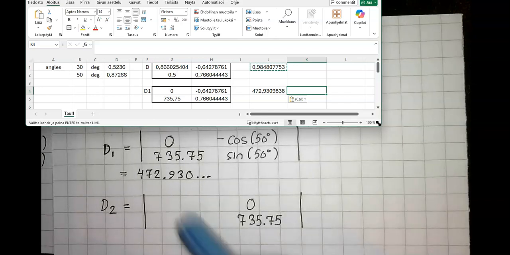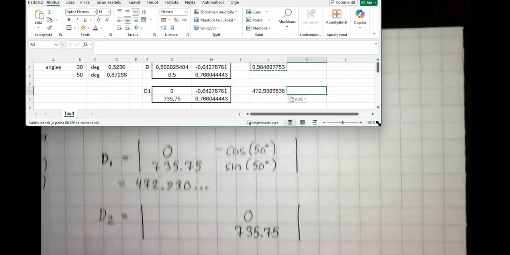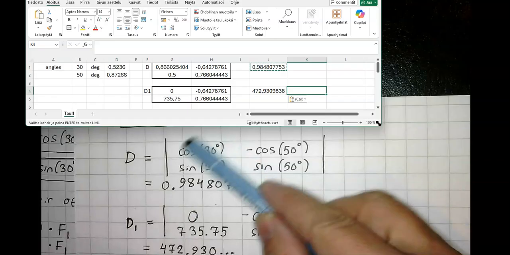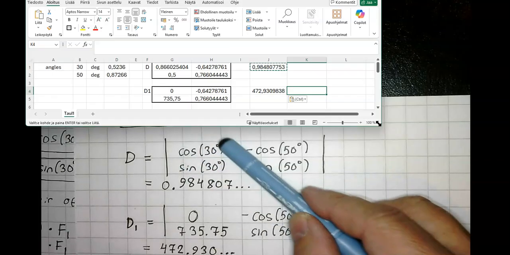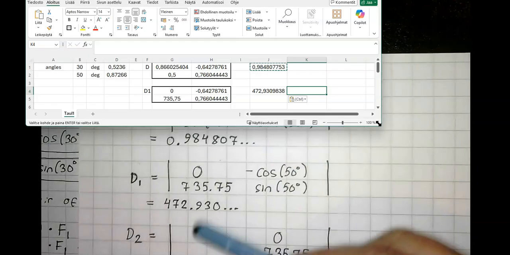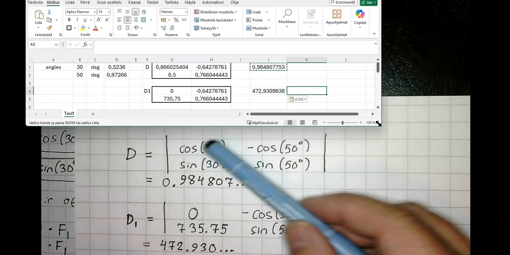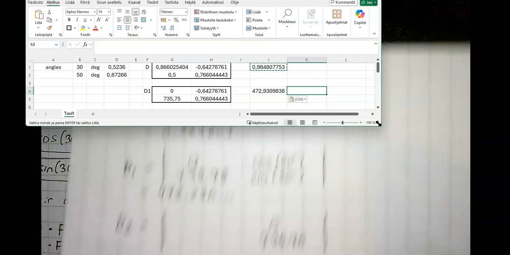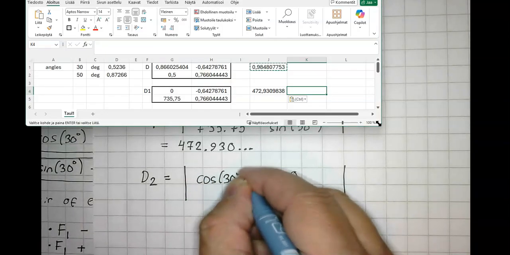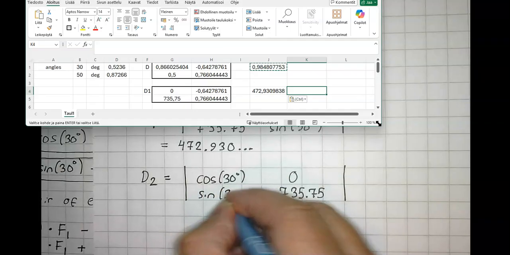And then the first column will be the same as here. Here were those first column, the values in the first column. So I will copy them here. Cosine 30 and sine 30. Cosine 30, sine 30.